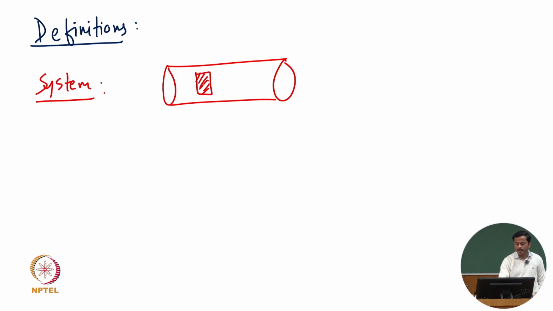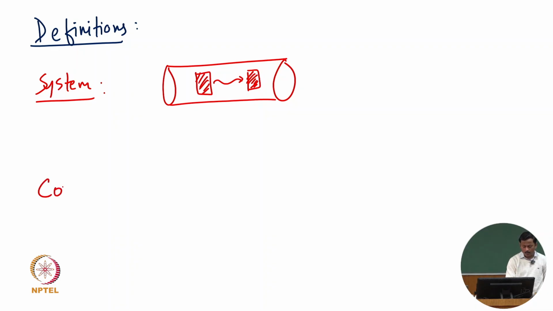So if we are tracking a system, we are actually applying a Lagrangian approach. As you might recall, I had drawn the same diagram when I was describing the Lagrangian description of motion. So when we are tracking a system, we are essentially employing a Lagrangian technique.